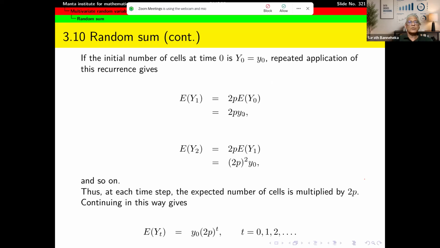So the expected value of Y_{t+1} can be written in terms of the expected value of Y_t. Now, let us make an assumption. Suppose the initial number of cells at time 0 is Y_0. That is a fixed number.